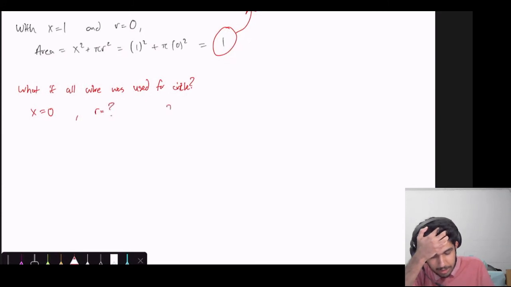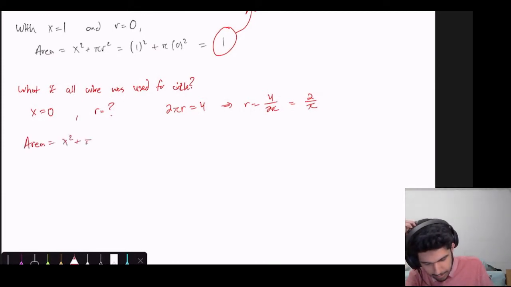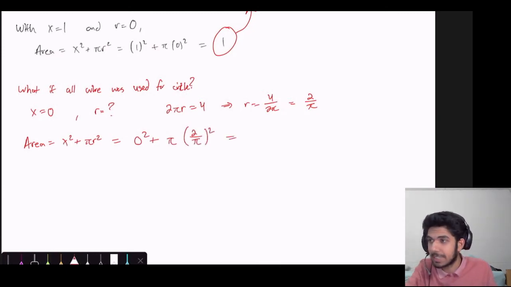We know that the perimeter is going to be equal to 4. So if we solve for r, r equals 4 over 2 pi, which is equal to 2 over pi. So then we say that area equals x squared plus pi r squared, 0 squared plus pi times 2 over pi squared. If you compute this out, we get approximately 1.273.